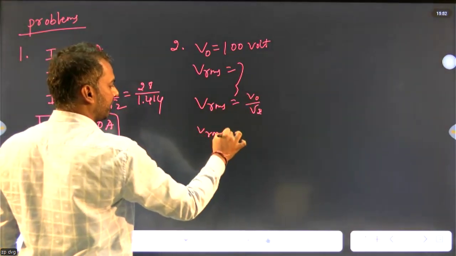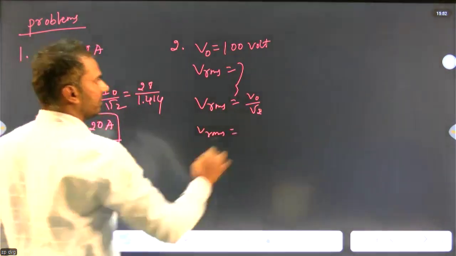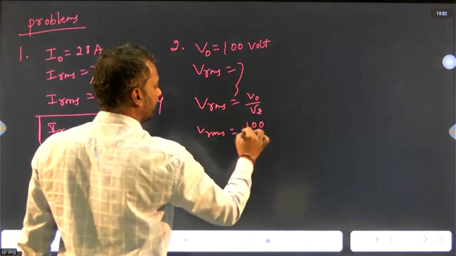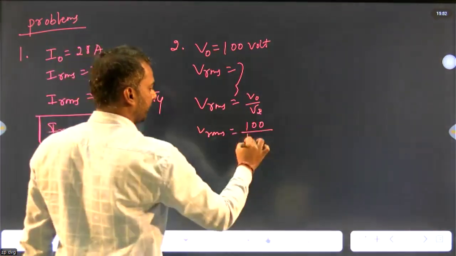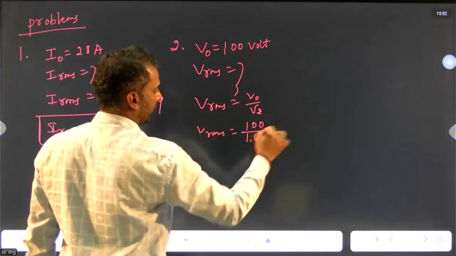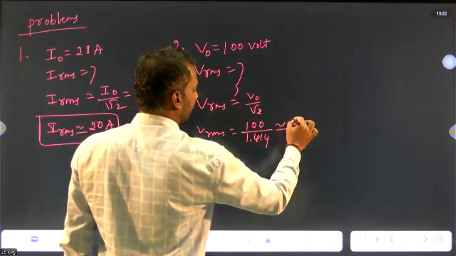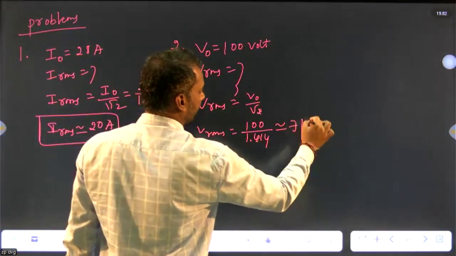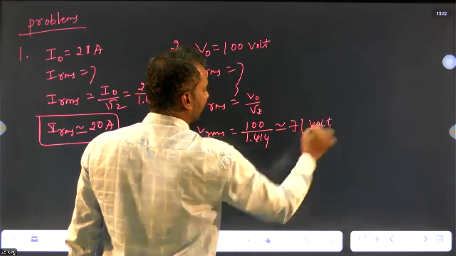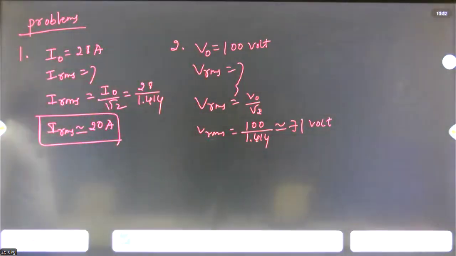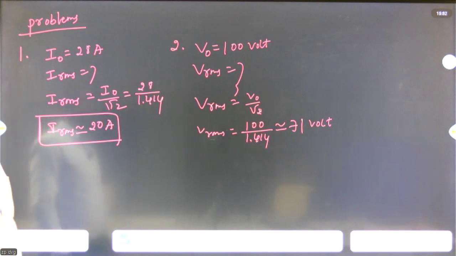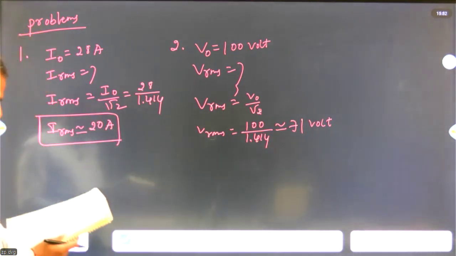VRMS is equal to 100 divided by root 2, 100 by 1.414, nearly 71 volts. This is the relation between I naught and IRMS, V naught and VRMS.